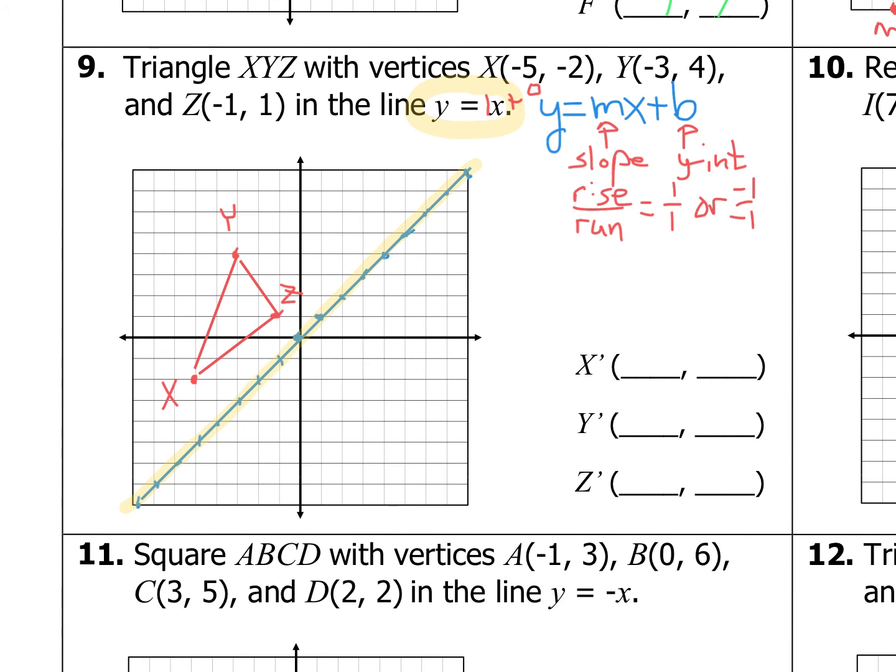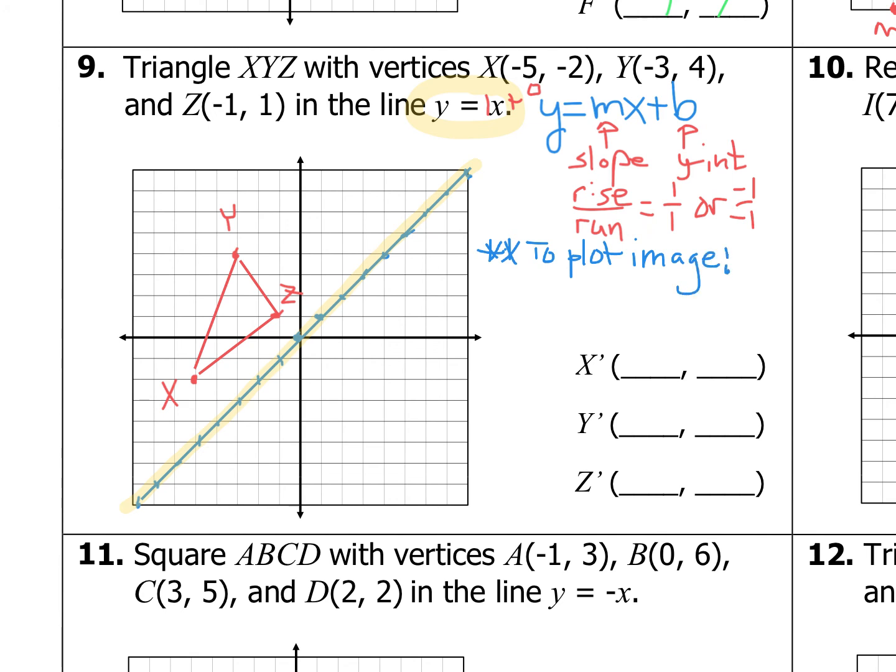I'm just trying to determine what color I want since my program's not letting me change colors today. All right, I'll go ahead and do it in blue. To plot the image, because remember you just plotted the pre-image, we are going to have to use algebra.